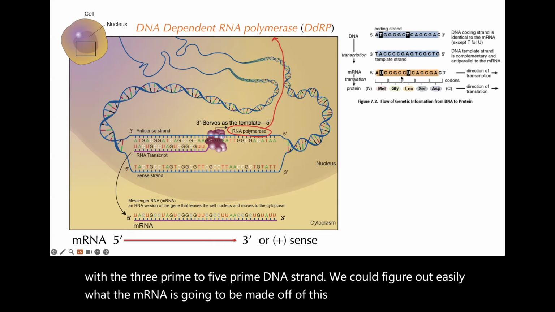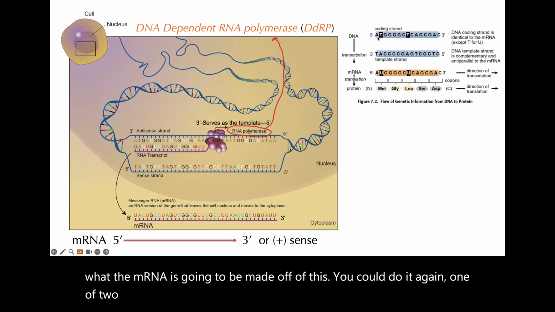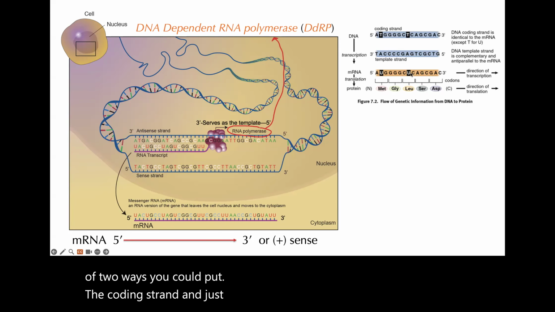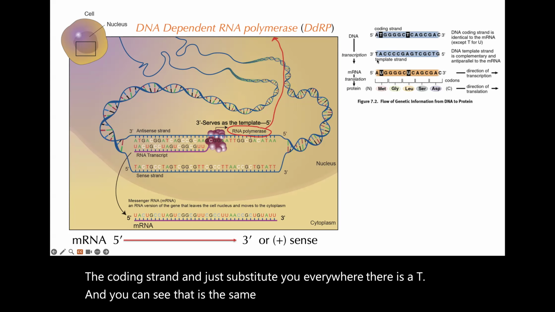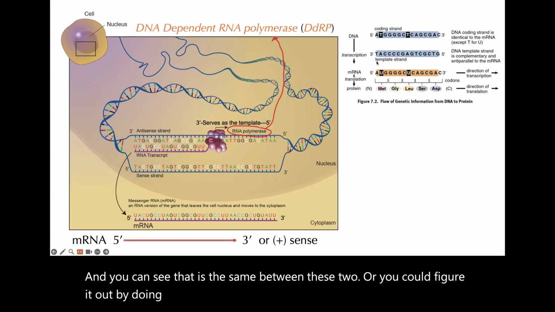You could do it one of two ways. You could put exactly the coding strand and just substitute U everywhere there is a T, and you can see that that is the same between these two. Or you could figure it out by doing the corresponding pairing. T pairs with A pairs with U, C pairs with G, C pairs with G, etc.